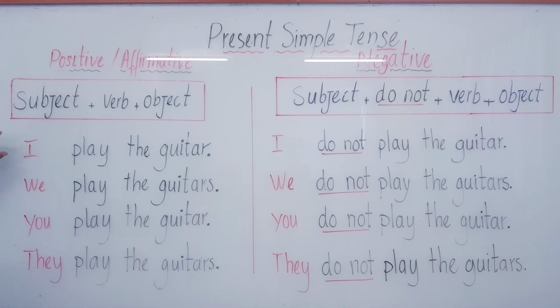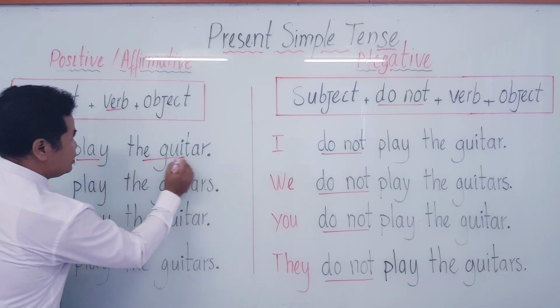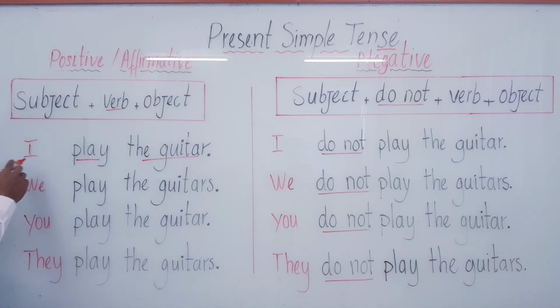For example, I play the guitar. Again, I play the guitar. So play is a verb. Guitar is the object. I is the subject. This is the very normal way of using positive.